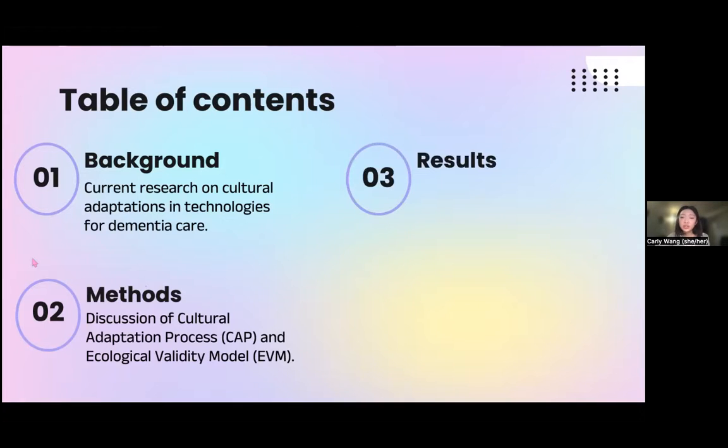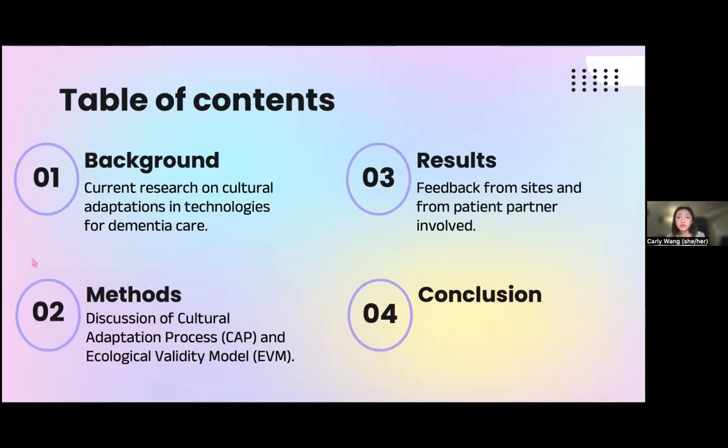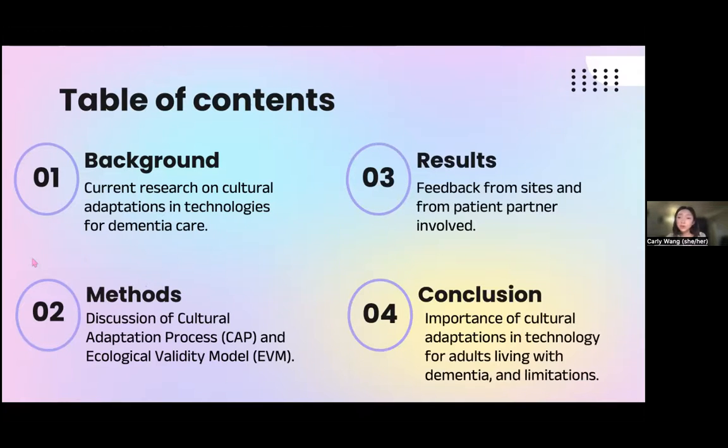And then we're gonna talk about the results, which includes feedback from the sites and from the patient and family partner involved. And then we will conclude with the importance of cultural adaptations and technologies for adults living with dementia, and the limitations of the study.